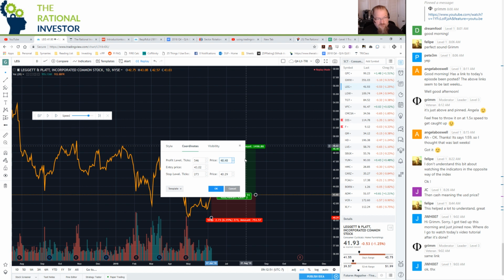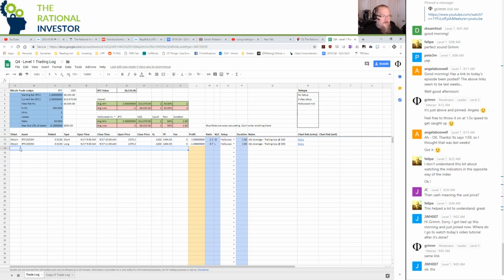I'm just hitting Control C. This is my profit level. Actually, let me start with where we get in at. I highlight the whole thing, I hit Control C. Then I come over here. What was this asset? This was LEG. Okay. And for right now, I don't care whether we're in Bitcoin or whether we're in US dollar equivalent. Okay.